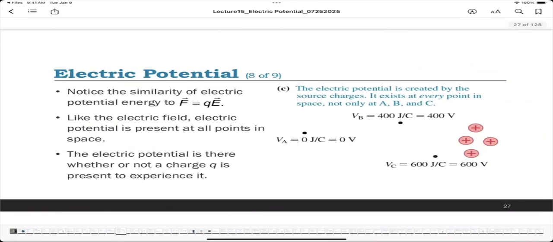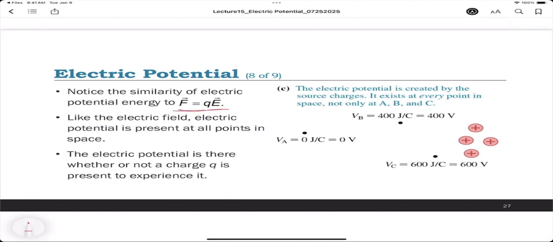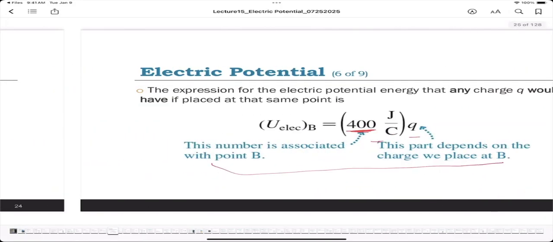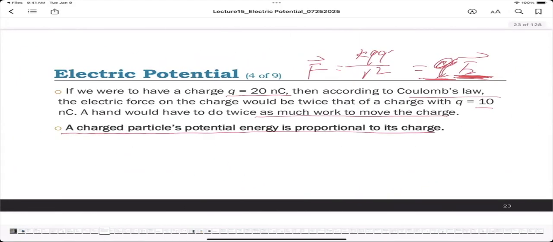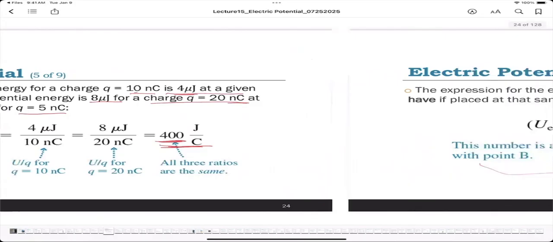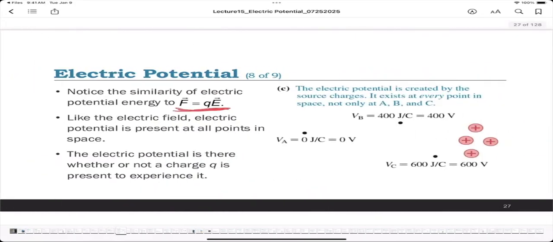Notice the similarity of electric potential energy to Coulomb's law.